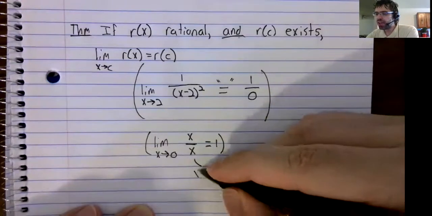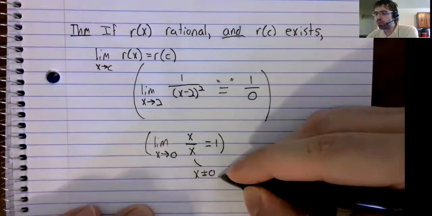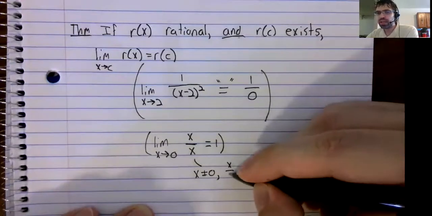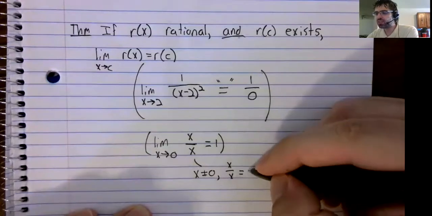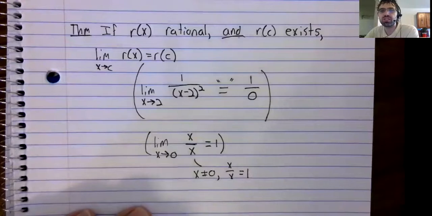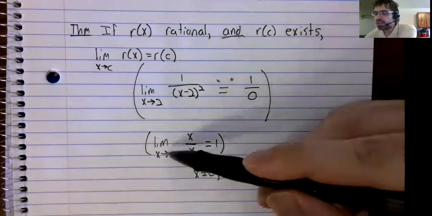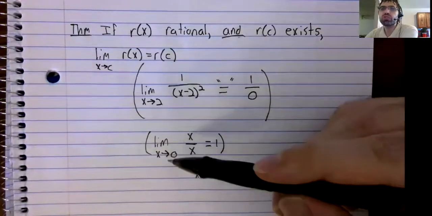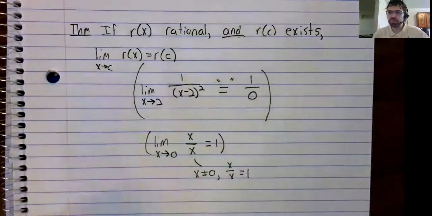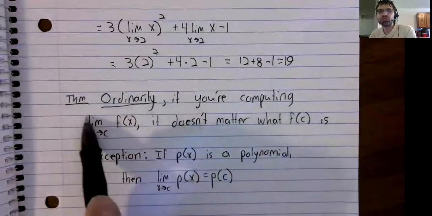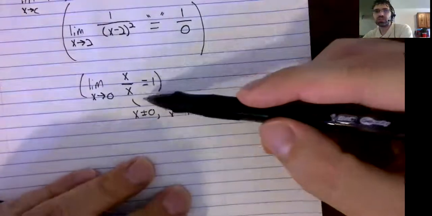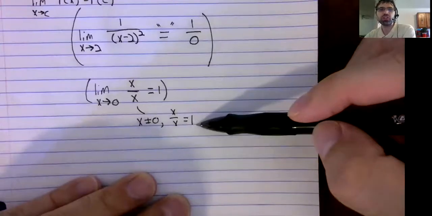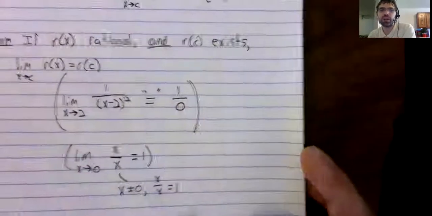That's because if x is not equal to 0, x over x is just the constant 1. And if you're taking the limit as x approaches 0, you don't care what happens at 0 itself. We cannot stress that enough. So here you're just taking the limit of the constant function 1, and it's 1.